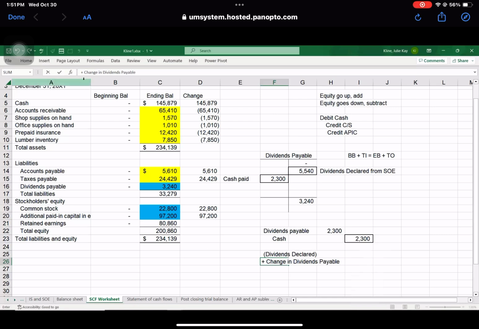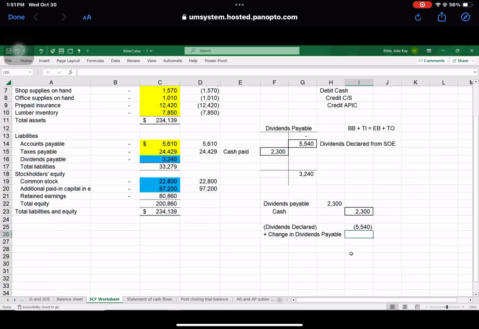Now, it's a little tricky here because our change in dividends payable is positive, but it could be negative. So here, let me show you what I mean. I want to take a negative dividends declared. So here's a shorter mathematical way of solving cash paid for dividends. And this will equal, our goal is cash paid for dividends on the cash flow statement. The change in the payable.